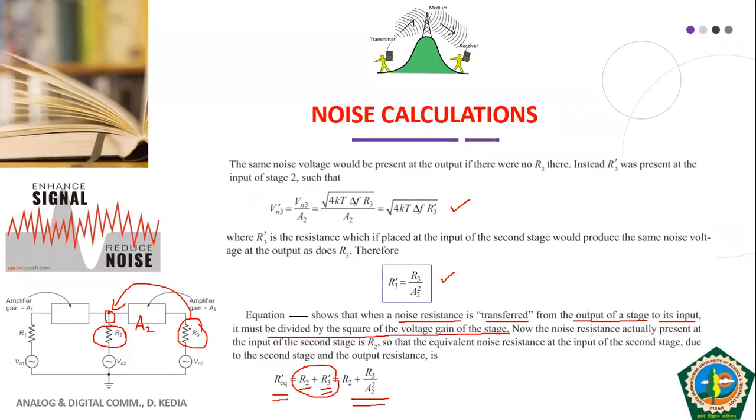So in a way we have removed this R3, but we have obtained its effect by including the gain of the amplifier. Next.